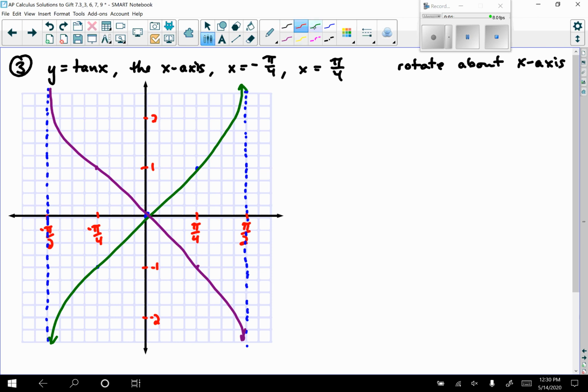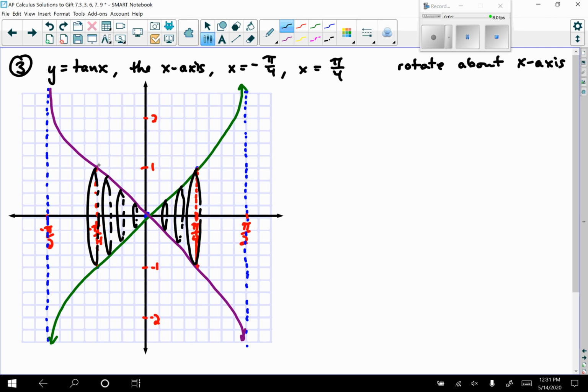We are just going from negative pi over 4 to pi over 4 right here and here. So we are revolving these pieces right here. Just by making that sketch, that is the shape that we're getting.